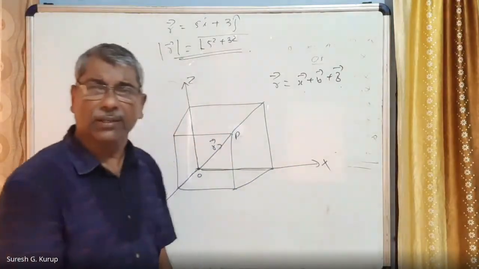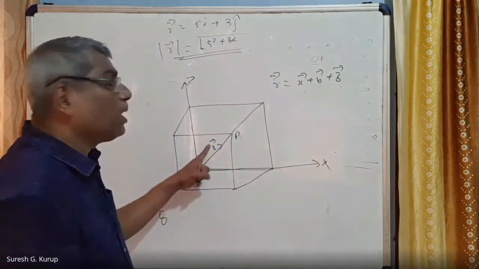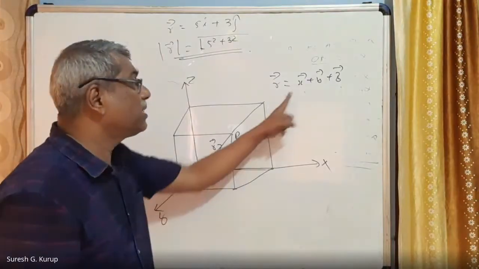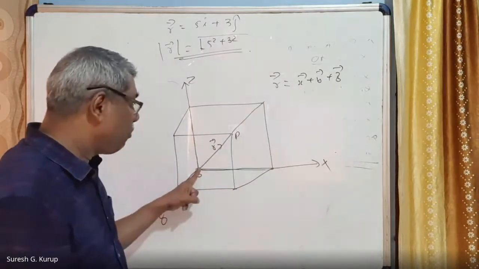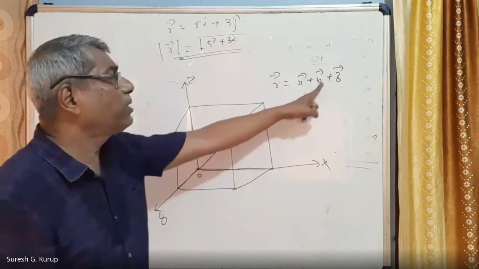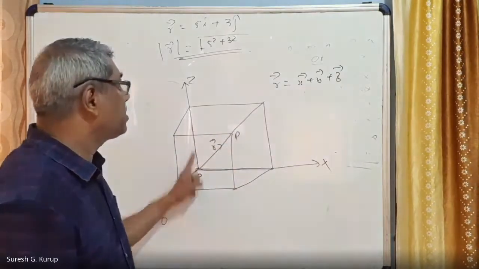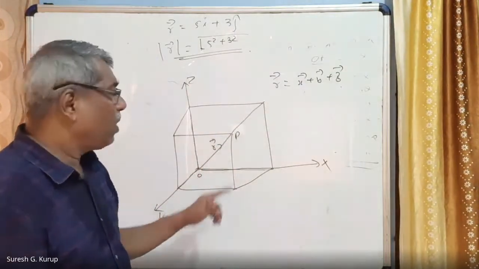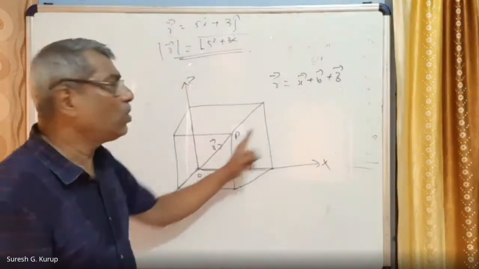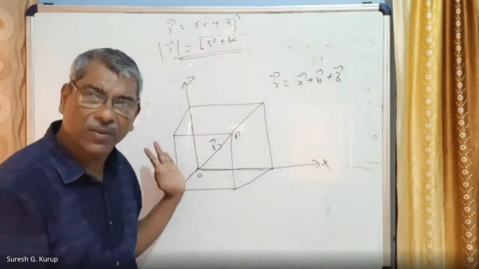That means the component of vector R along the x-axis is vector x, the component of R along the y-axis is vector y, and the component of vector R along the z-axis is equal to vector z.